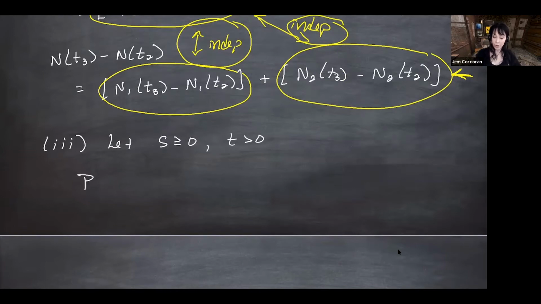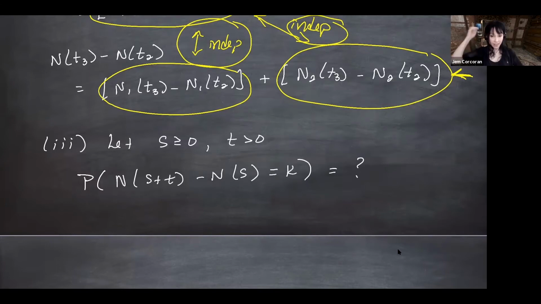And let's consider the probability that N, the composition process at time S plus T minus N at S, I'm going to finish writing this, but I regret it, is equal to some K.